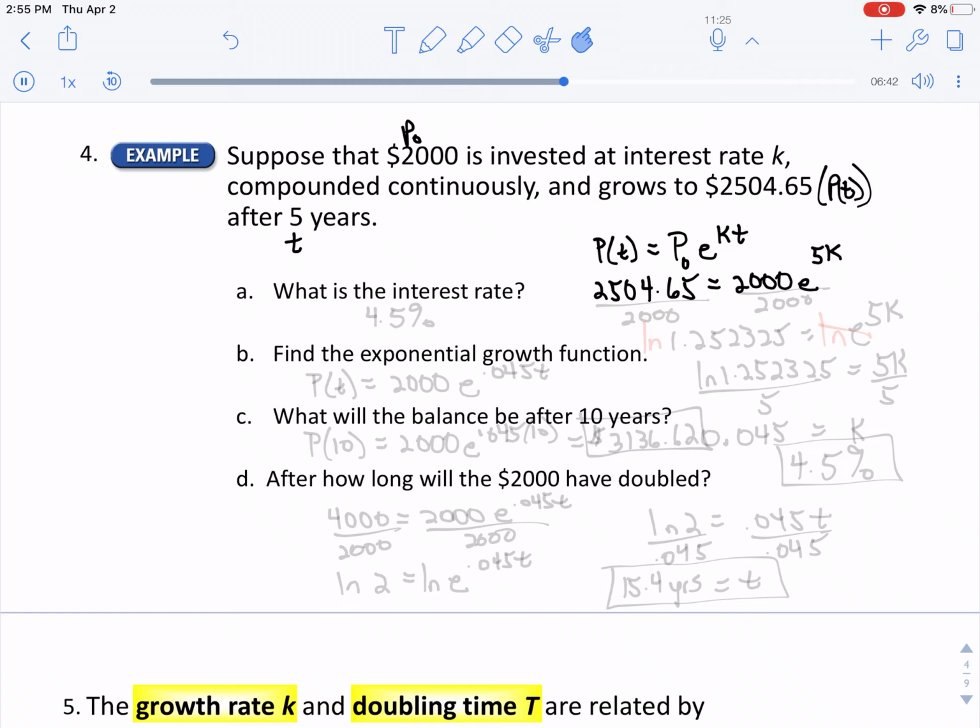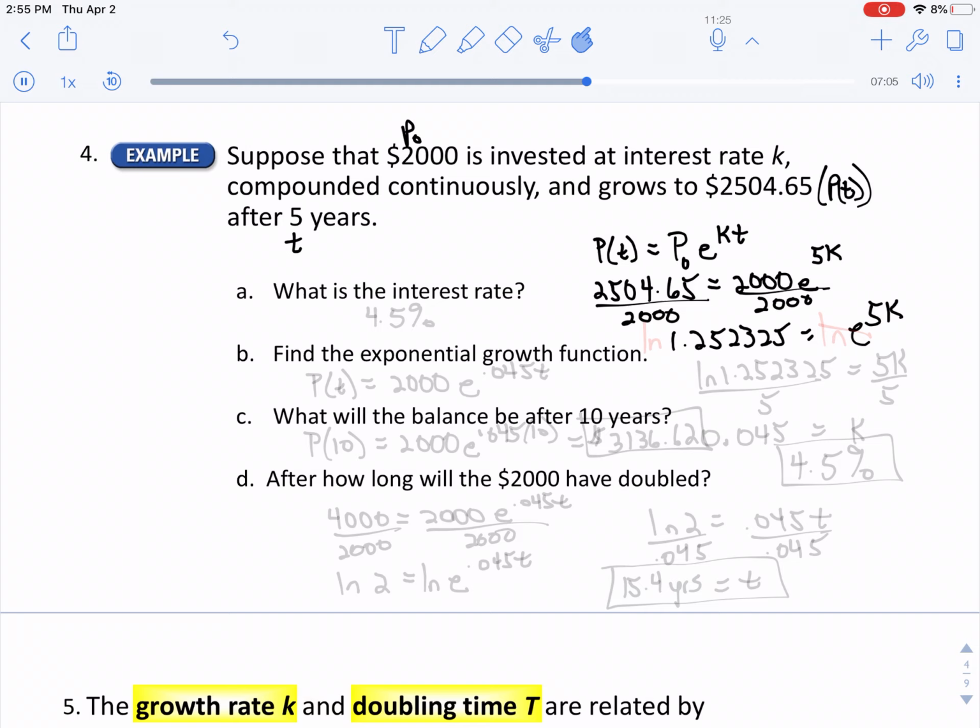Now I need to solve for k, so I'm going to divide both sides by 2,000. I put that in my calculator, and I get 1.252325 equals e to the 5k power.